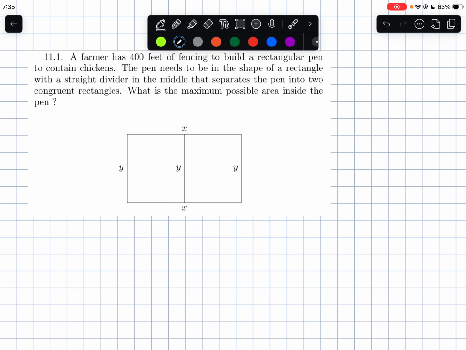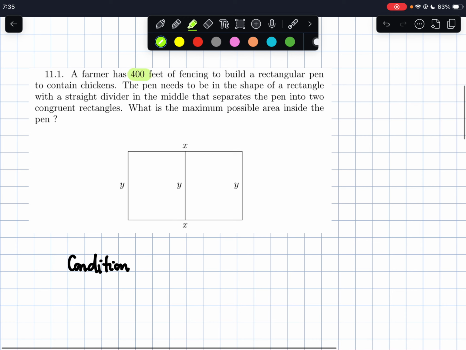Now we need to find the maximum possible area. So let's set up the formula, the condition. They give us 400 feet of fencing.